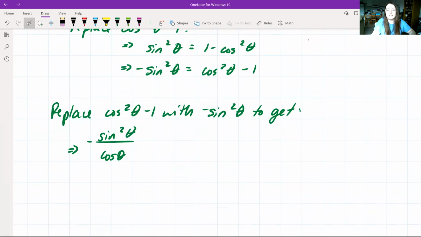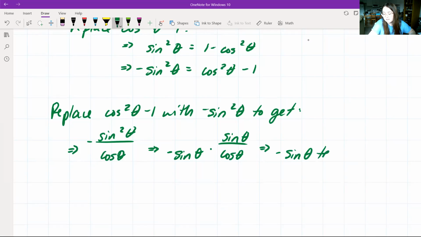So let's go ahead and split up our sine squared. If we do that, we can pull the negative sine of theta out and leave the positive sine of theta over cosine of theta, which we then see is equal to tangent of theta. And this would give us negative sine of theta times tangent of theta.